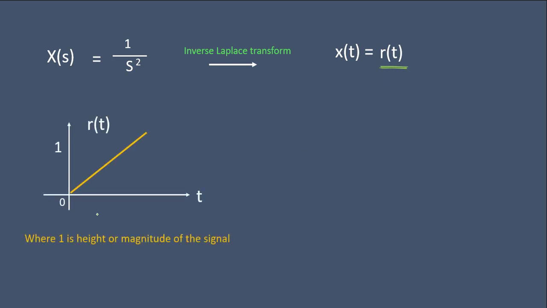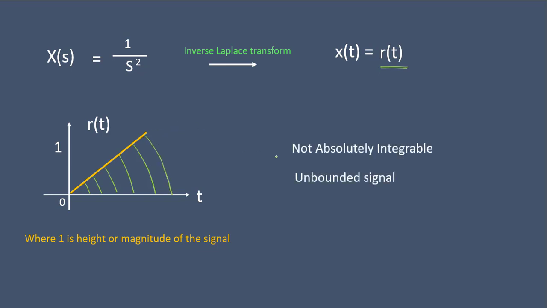So we can draw the signal r(t). We have also discussed the ramp signal in our previous lectures. Now again, if you want to integrate this signal, it is not possible because the value of the signal is increasing as t is increasing. Hence, it is not absolutely integrable and it is an unbounded signal.